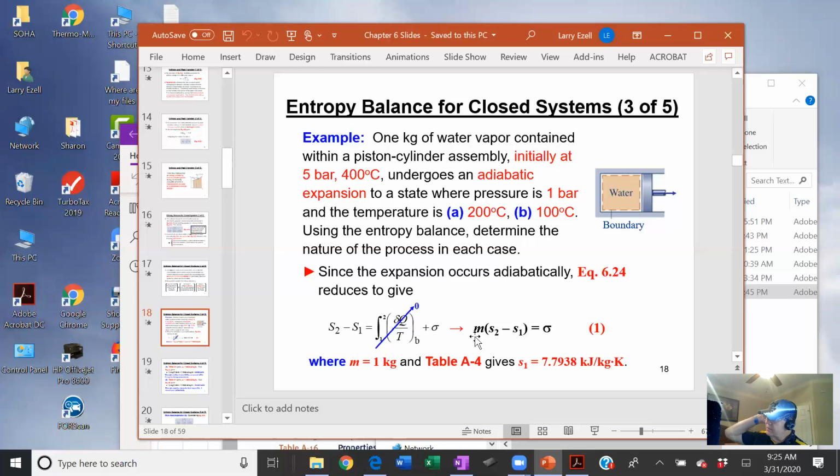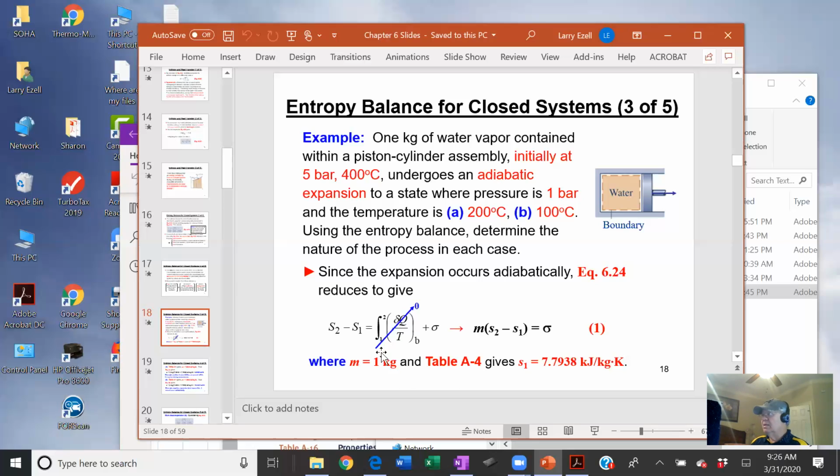Breaking it down, knowing that total entropy is equal to mass times specific entropy, we can rewrite big S2 as m times small s2, and the same for S1. Our equation becomes the mass, which is constant for a closed system, times s2 minus s1 is equal to sigma. Now we can actually look up these values. So we know that the mass is 1 kilogram.